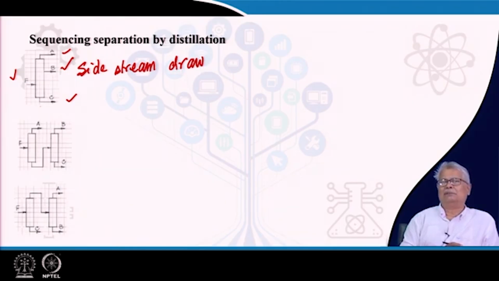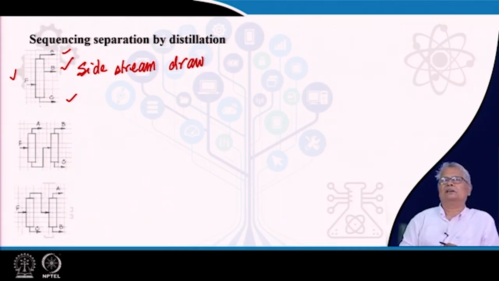It requires a little bit of in-depth knowledge of the distillation process itself. But in any case, we already have dealt with simple columns which produce only a top and a bottom product, and more or less the similar process can be used in case of this particular side stream draw column.